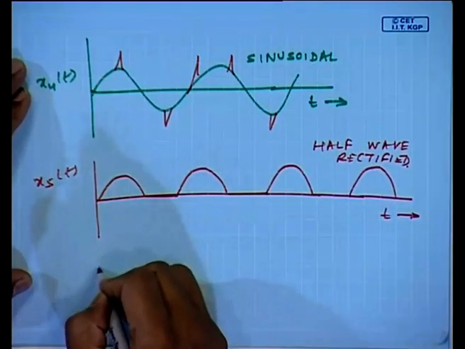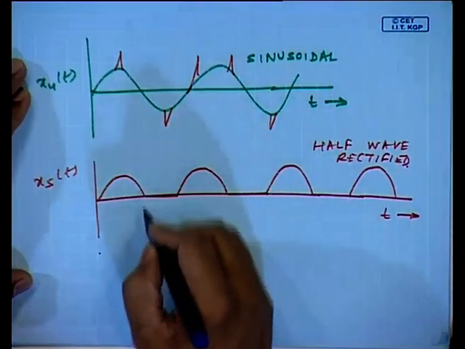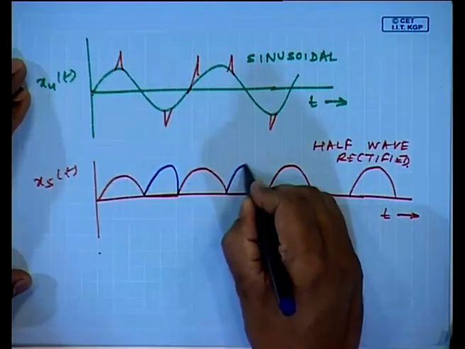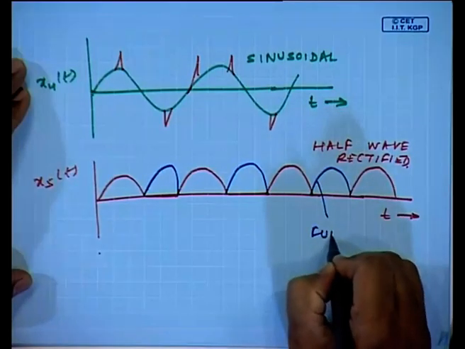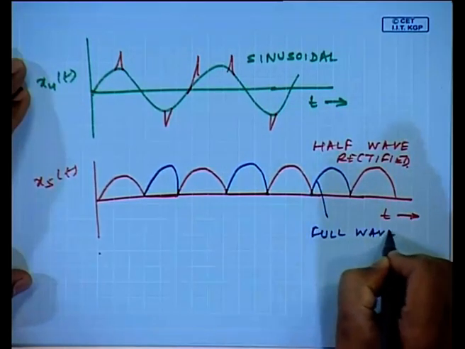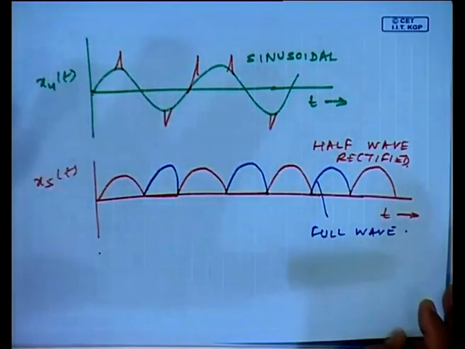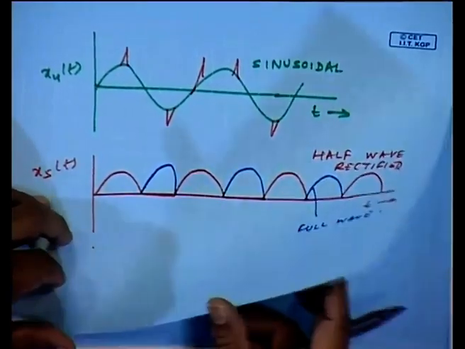Okay. Another, of course, is the full wave. My drawings are not that perfect, but this will make it a full wave. Okay. So, we will come across such signals to help understand instrumentation, check or calibration, etc.